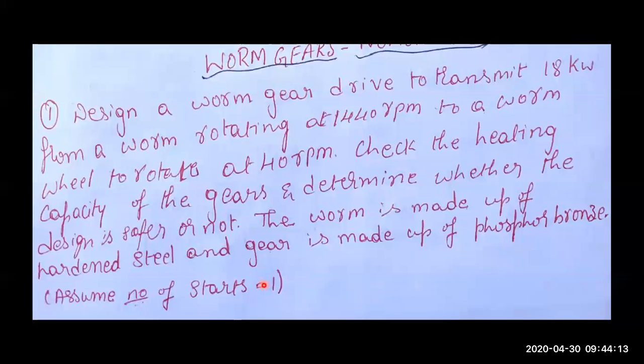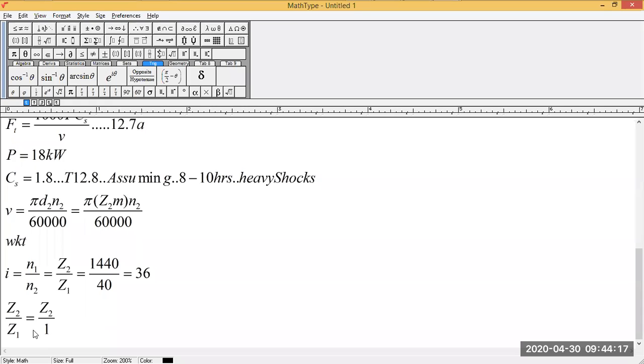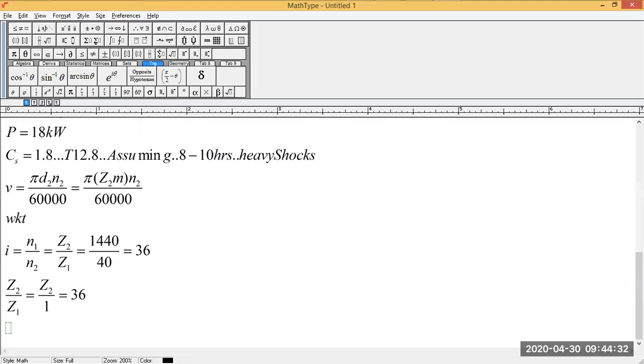So you can assume this number, whatever the number of starts are, because lead is equal to the number of starts times the pitch when it comes to the movement. So Z2 over Z1 is equal to 36. Therefore, Z2 we can equate as 36 itself. The number of teeth on the gear will be 36.